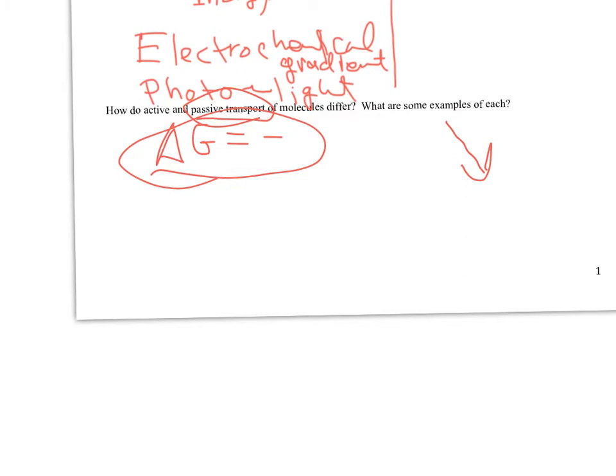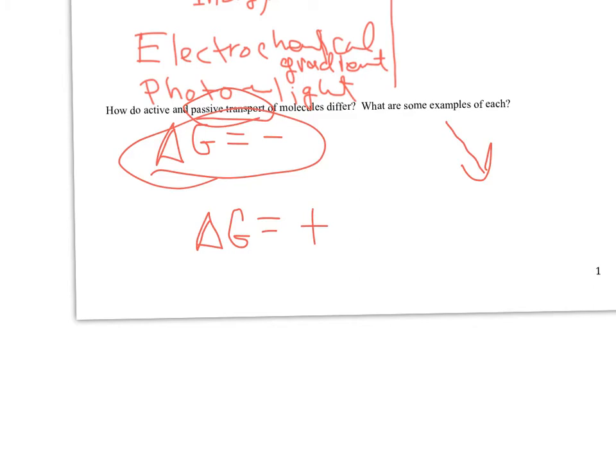Now, in the case of active transport, the problem is if you look at just the thing being transported against a gradient, because that's usually what happens, active transport, you're forming a gradient, delta G is positive.